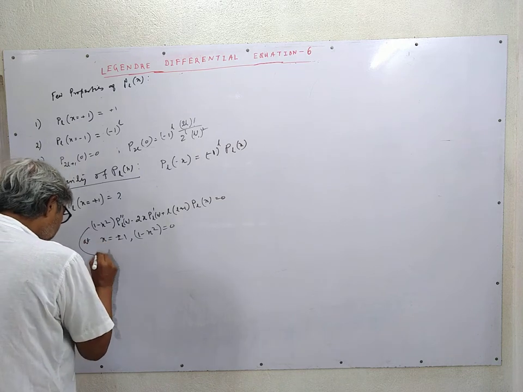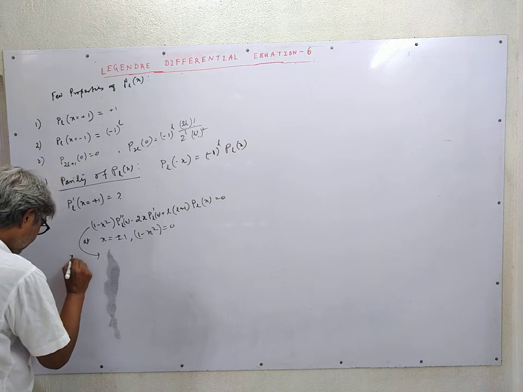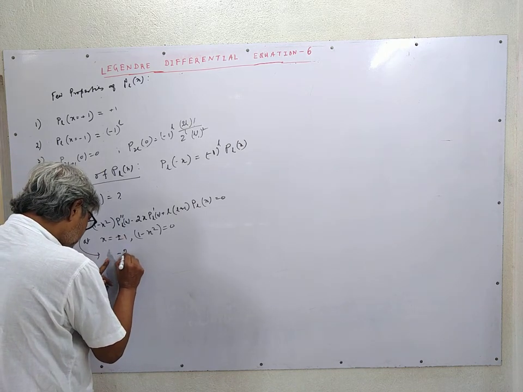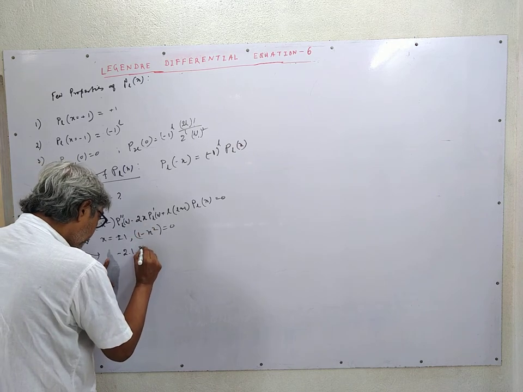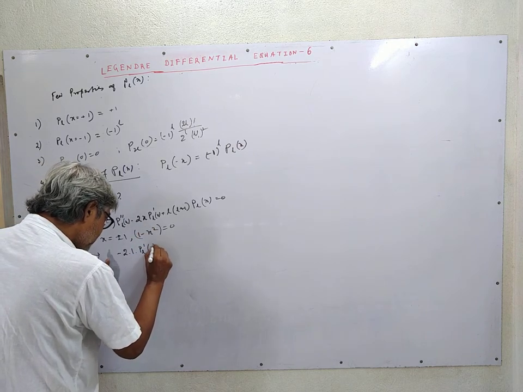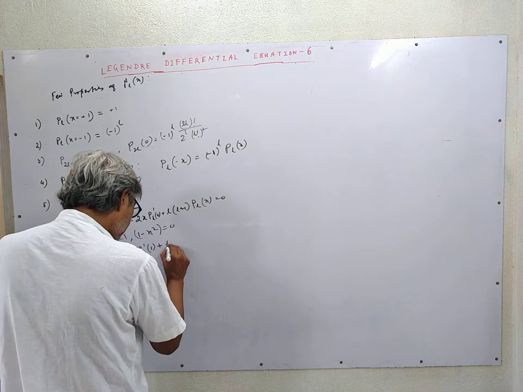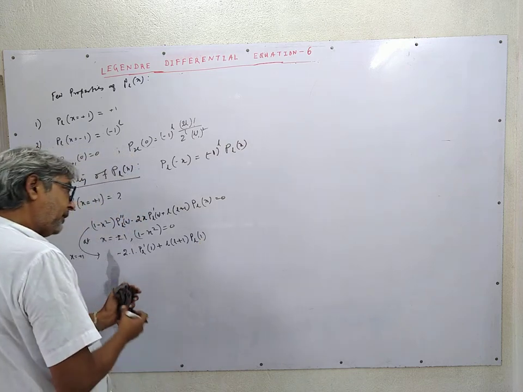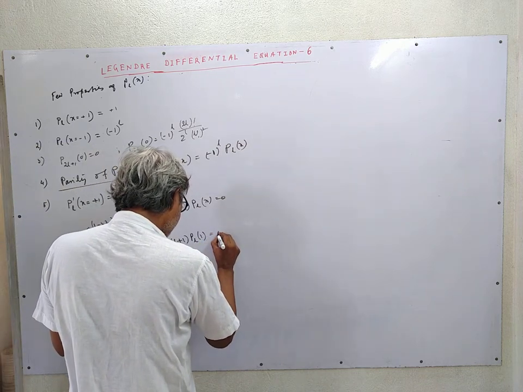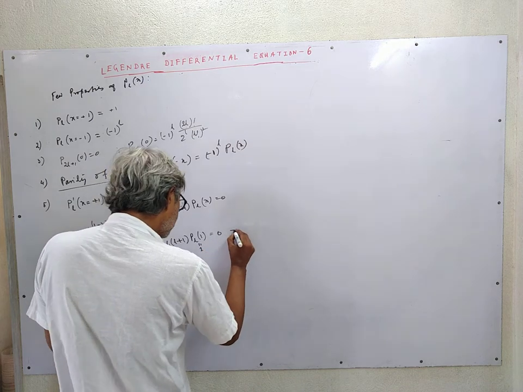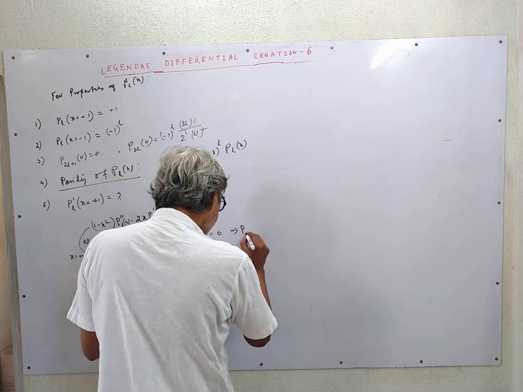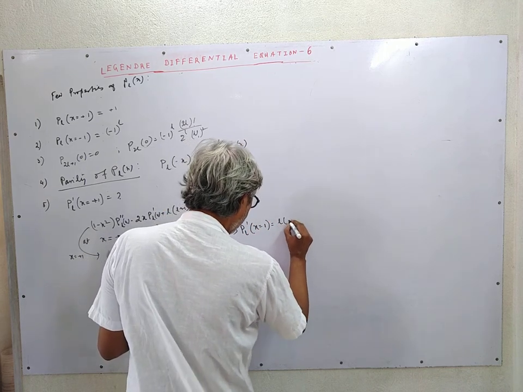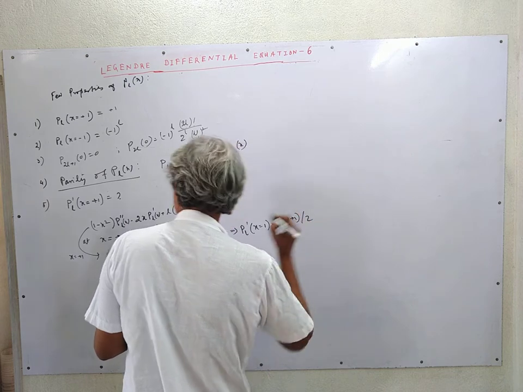So if we write x equal to plus 1, then this becomes minus 2 into 1 into PL prime at x equal to plus 1 plus L into L plus 1 PL at 1. PL at 1 is 1, which gives you PL prime at x equal to 1 is equal to L into L plus 1 by 2.